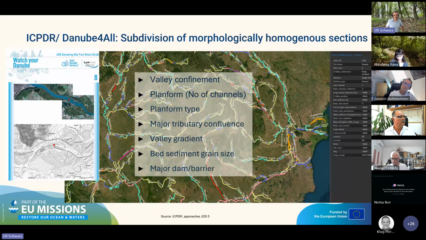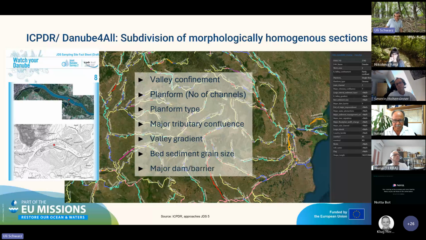Then it is very important to look at the hydrological impact on stretches. If there are major tributaries like Drava, Sava, Tisa, we have most probably boundaries of these homogeneous sections.